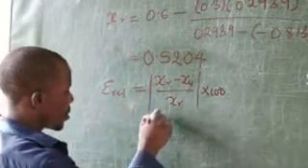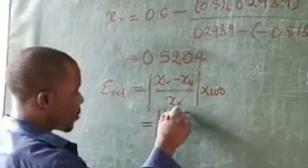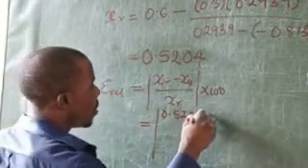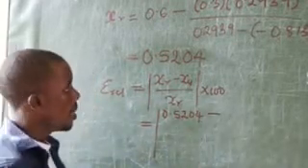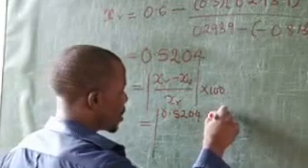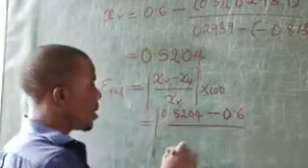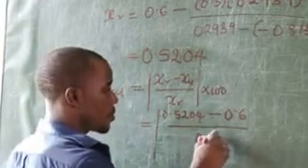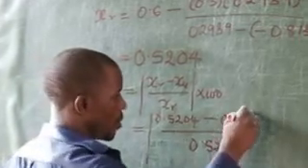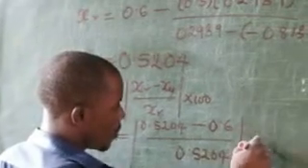Where XR, substitute the value 0.5204 minus XU 0.6 divided by XR 0.5204 times 100.